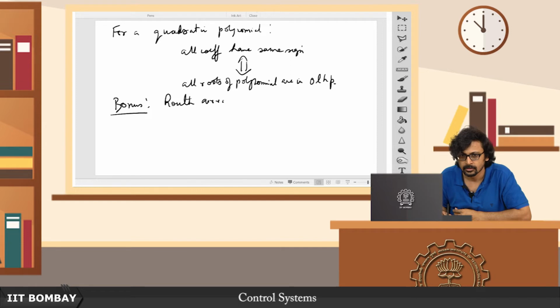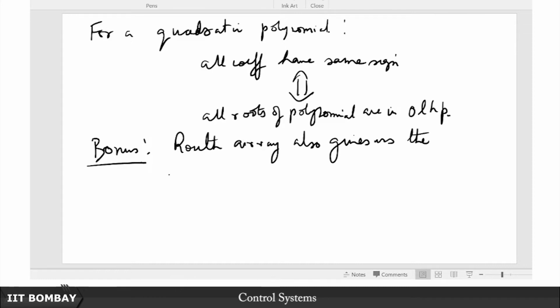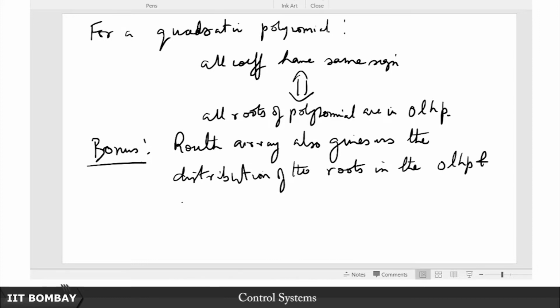the Routh array also gives us the distribution of the roots in the OLHP and ORHP, and with a bit of modification, even the distribution on the imaginary axis. We will see that in a while.